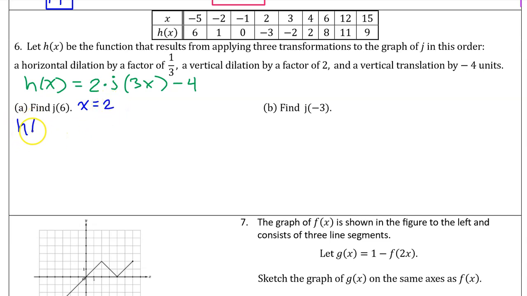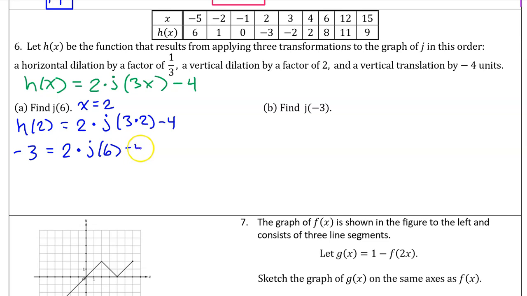So h at 2 will equal 2 times j at 3 times 2 minus 4. So h at 2 is negative 3. Negative 3 is equal to 2 times j at 6 minus 4.